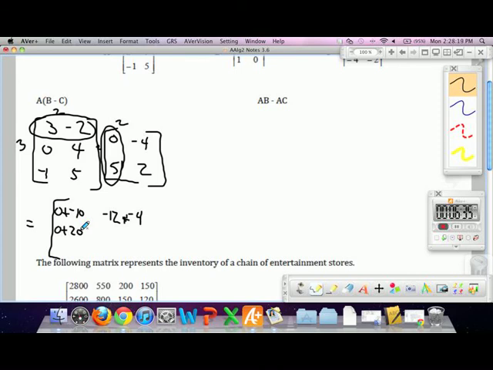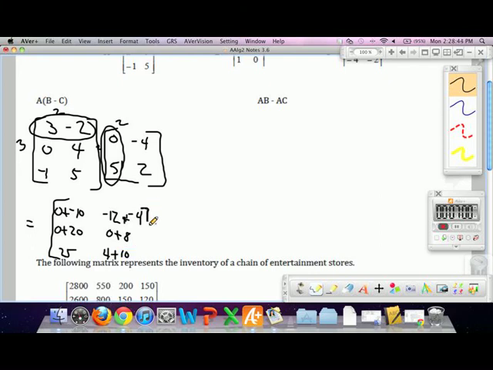Row 3, column 1 would be 0 plus 5 times 5, or 25. And row 3, column 2 would be negative 1 times negative 4 plus 5 times negative 2.